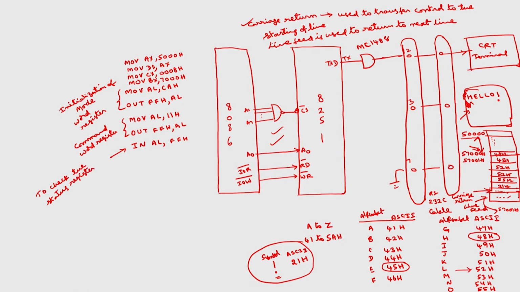But we are interested in only the last bit of the status register. So, to get the last bit, I will AND this AL contents with 01H. The same logic we have used in the earlier example also. Now, in AL the result can be either 00 or 01. If transmitter is ready, 01, if transmitter is not ready, 00.